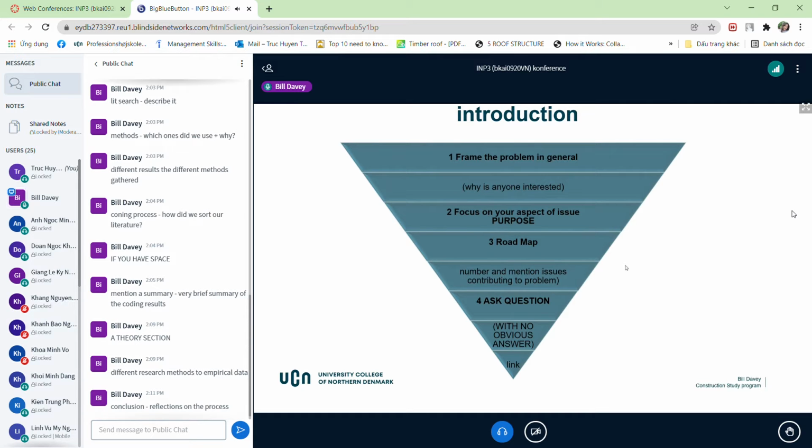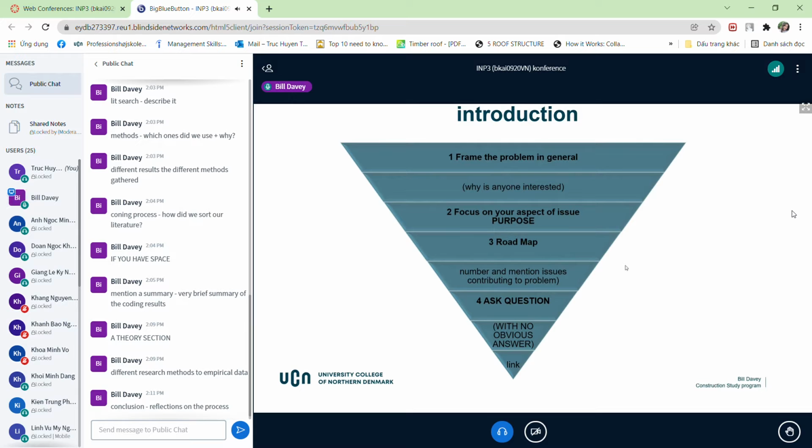And then you can see at the bottom of the triangle it says the link. And that means that you write one short sentence which tells me, the reader, what I have just read and what I will read in the next paragraph. So you write something like, having described the problem in general, we now move on to describe how we addressed the problem in a literature search.